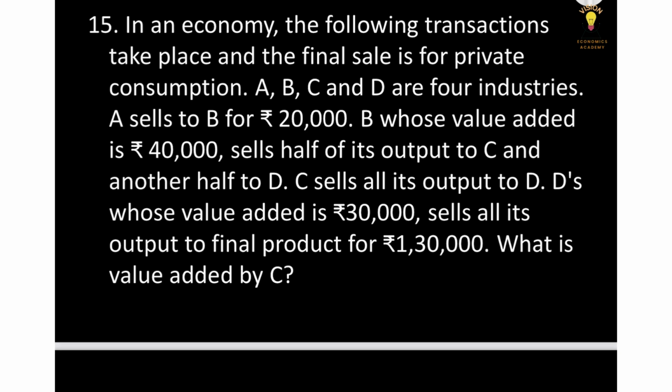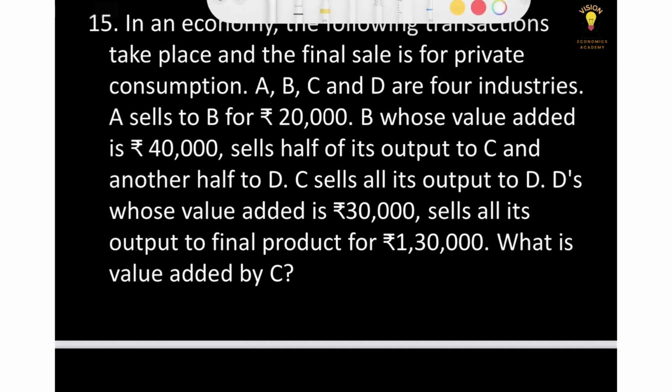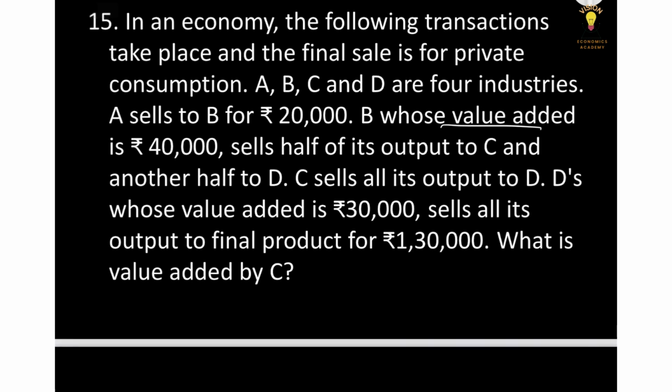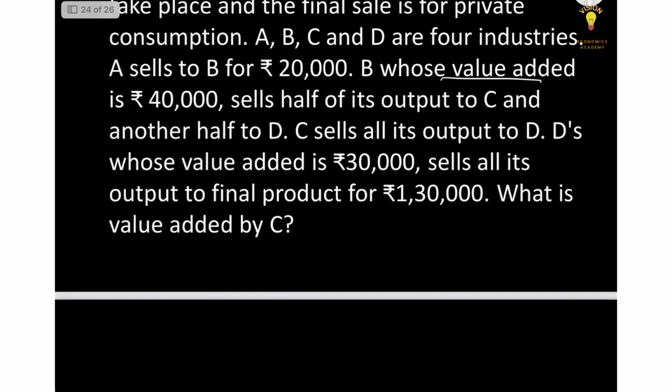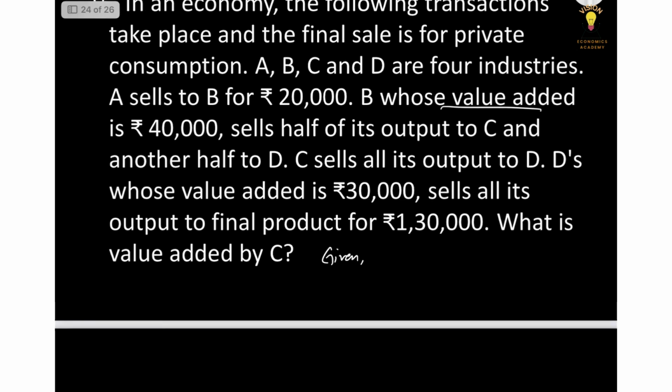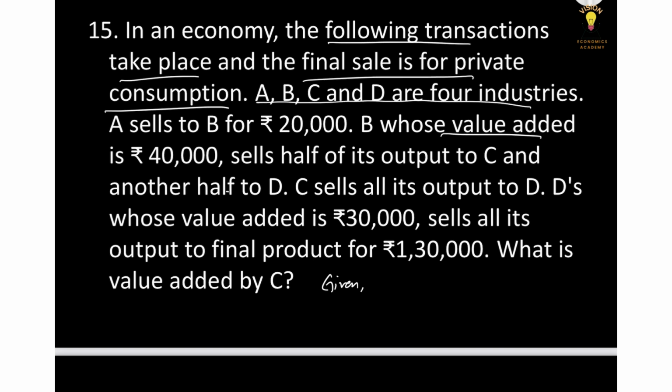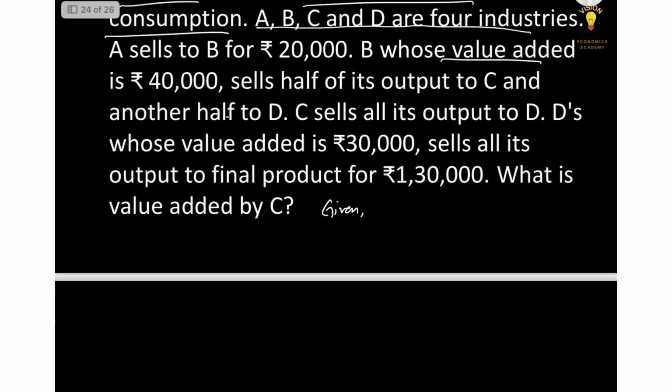So we'll read the question properly here, as we have the value of output, etc. So we'll not make the table as such. We'll write the given properly. So what's given over here is, in an economy, the following transactions took place and the final sale is for private consumption. A, B, C, and D are four industries. Okay. A sells to B worth rupees 20,000.